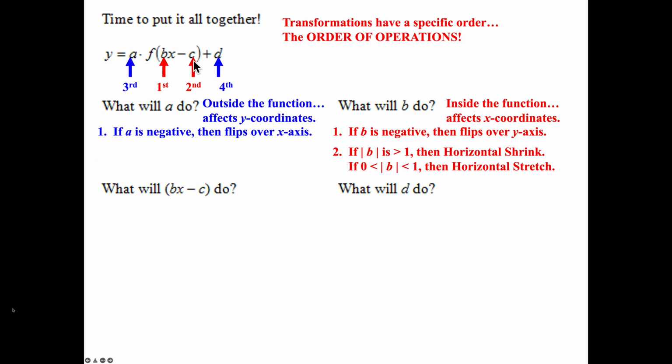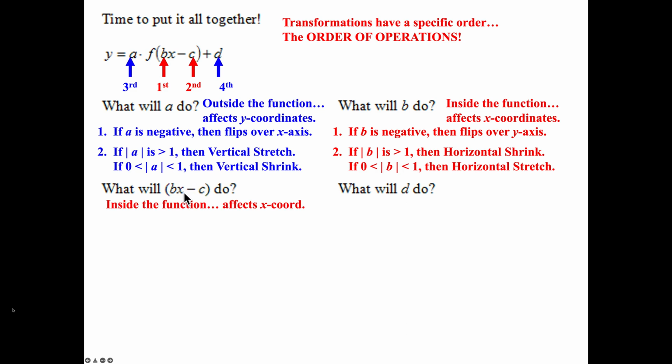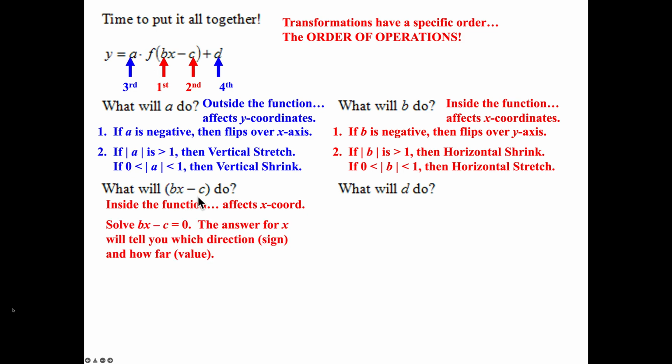Now, for the second, come back here. We look at the whole C, the c being the whole thing on the inside, bx minus c. That completely affects your x-coordinate, even the b on the shifting.